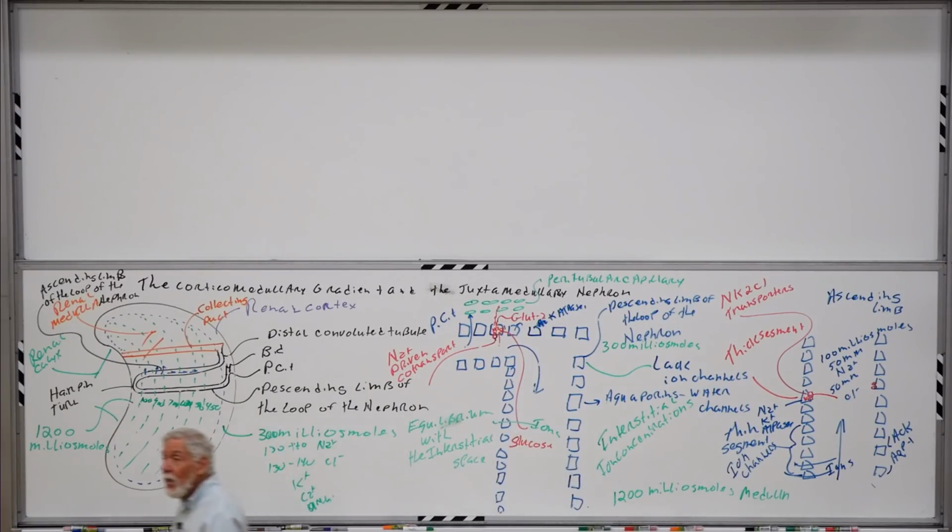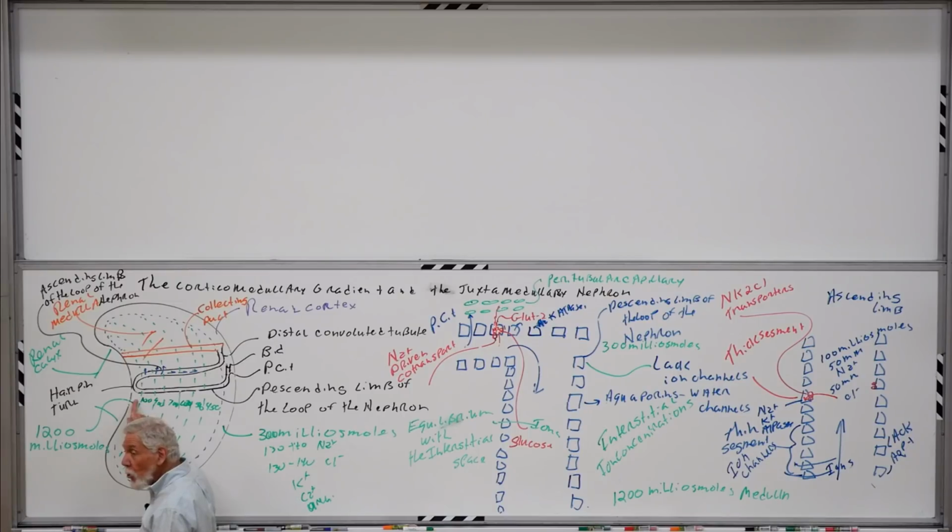Yes? Does that mean the concentration inside gets up to 1200 milliosmoles? So the question is, does the concentration inside the tube down deep in the medulla come to equilibrium? Yes, it does. Turns out that a lot of that won't be just sodium chloride. A lot of that will be urea. And we'll see a little later that down here deep in the medulla, where we have 1200 milliosmoles, about 600 milliosmoles of that is just urea.